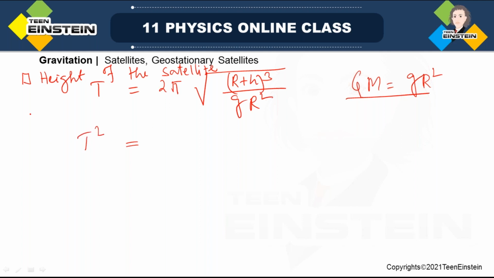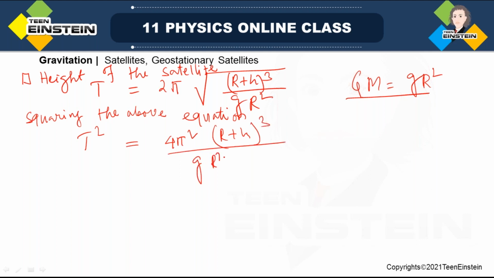So if we square it, squaring the above equation, what you get is 4 pi square, then h plus r whole cube divided by g r square. Let me write it in the same line. So this is the thing we get.